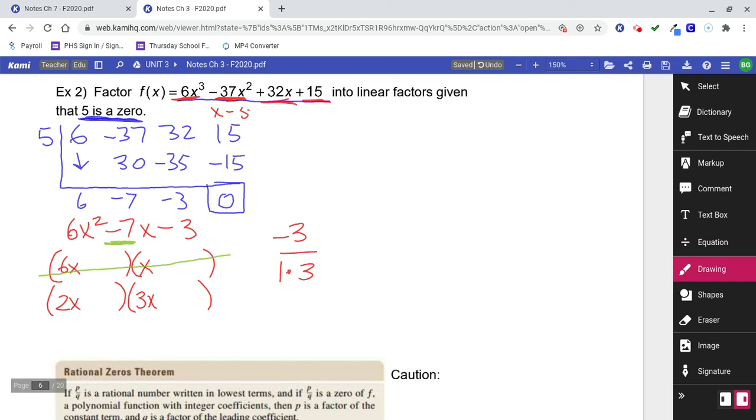And again, if I'm thinking about the FOIL method, this number over here is getting multiplied by 2, and this number right here is getting multiplied by 3. So what if I go 2 times this and 3 times this? If one of those numbers is multiplied by 2 and one of them is multiplied by 3, that would be 2 and 9.